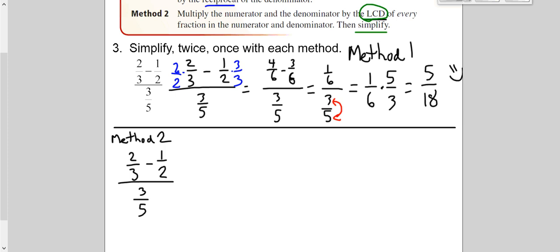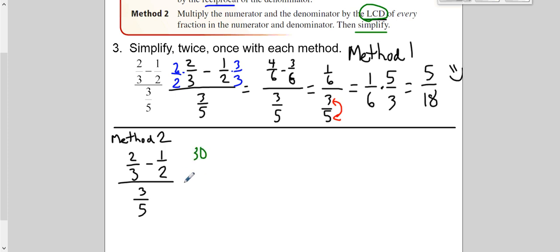And multiply by the LCD, lowest common denominator of 2, 3, and 5. So you need a number that is a multiple of 2, 3, and 5. Multiples of 5 are 5, 10, 15, 20, 25, 30, 35, 40, 45, 50, and so on. So which one of those is also a multiple of 2 and 3? 30 is the number we want.